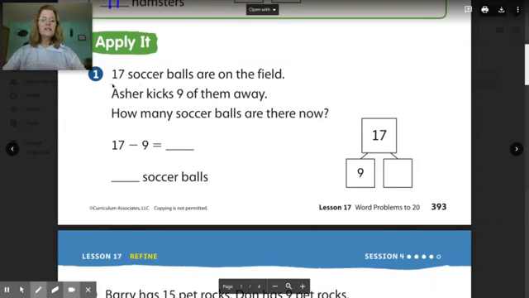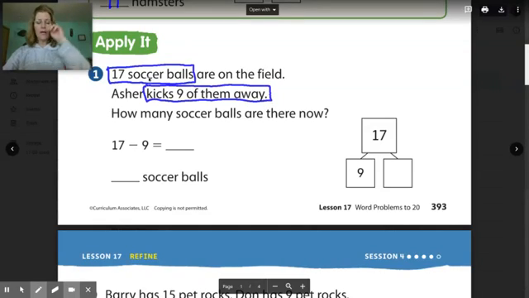Okay, 17 soccer balls are on the field, so we know there are 17 soccer balls. That's a lot of soccer balls, right? And then it says Asher kicks 9 away. So if he kicks 9 away, are we adding to our soccer balls or are we taking away from our soccer balls?